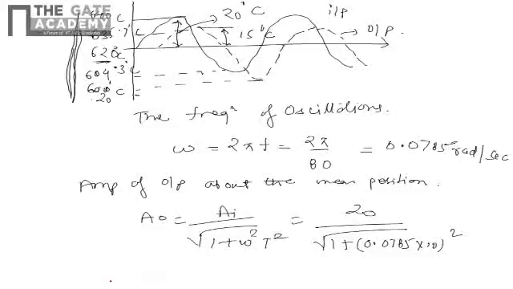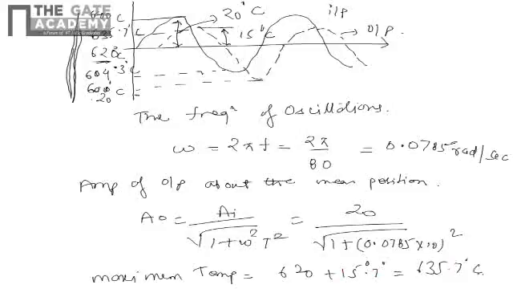Fine. So therefore the maximum temperature will be 620, which was the average or the mean, and after solving the above equation you are getting 15.7 degrees Celsius, so it comes out to be 635.7 degrees Celsius.